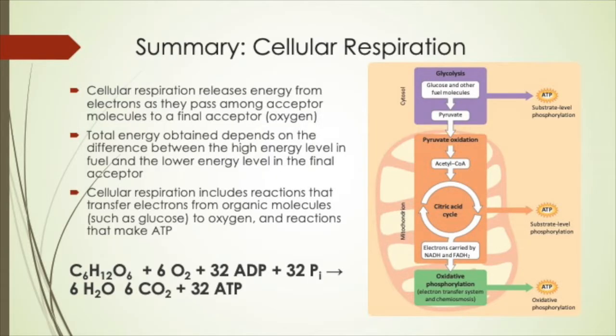So overall, we have cellular respiration. It releases energy from electrons as they pass among acceptor molecules to the final acceptor molecule, which is oxygen. Okay, so the final acceptor molecule is oxygen, and that converts into CO2.